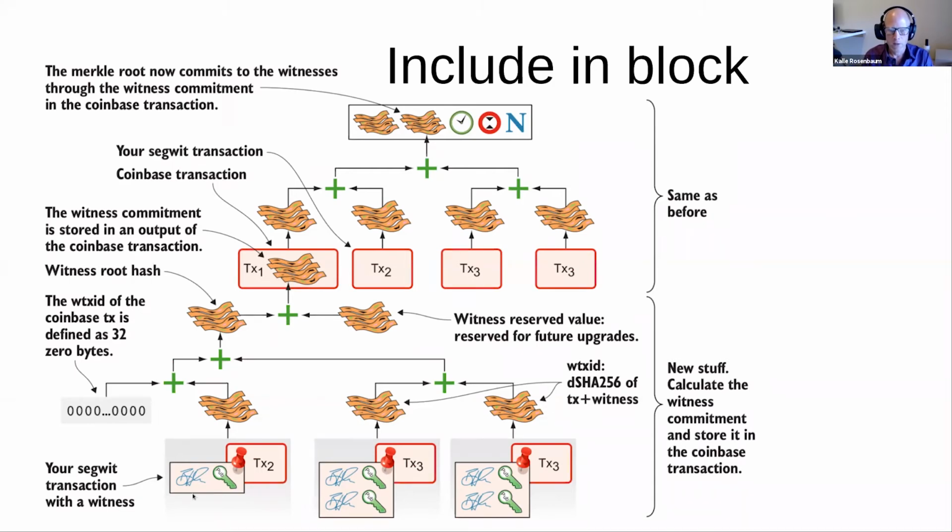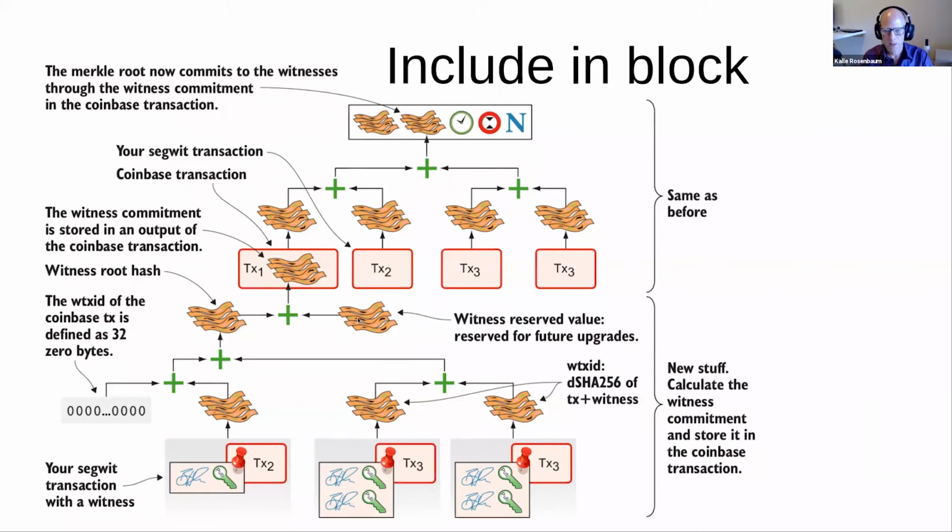But then this SegWit miner does something more. He will take the SegWit transactions, including the witnesses, and create a separate Merkle tree for these transactions like this to get the witness hash root here. And this witness hash root is then concatenated with something called a witness reserve value. I will mention that in the next few slides.